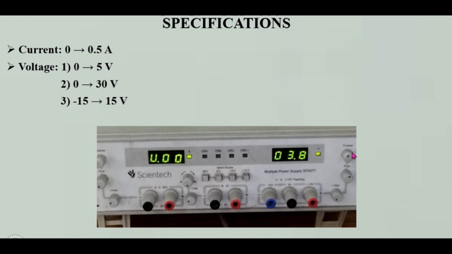Then we have coarse variation and fine variation of the voltage values. Here we have the display corresponding to current, and this is the display corresponding to the voltage that the power supply will be giving. So this was about the power supply.